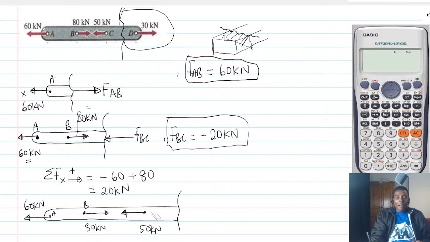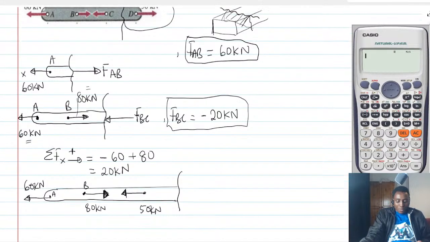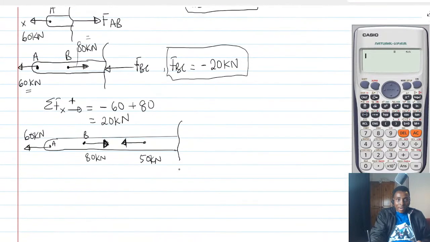If I have 50, the direction is very important, because don't forget that a force has three qualities: the magnitude, the direction, and then the line of action of the force. Now, interestingly, if we look at it from this angle, let's ask ourselves, summation of forces, every force here, alright?